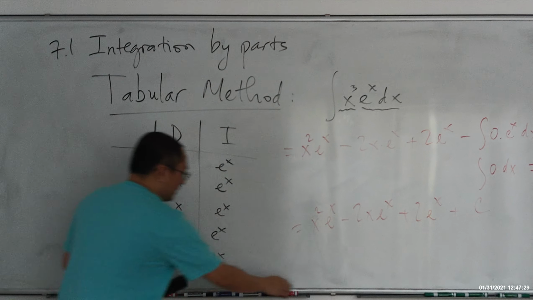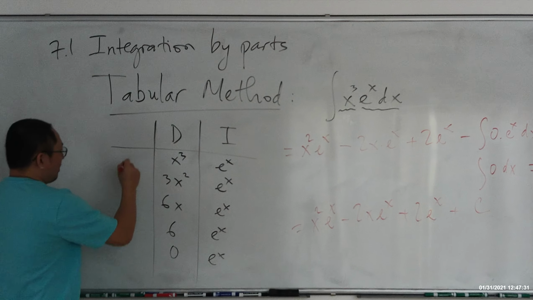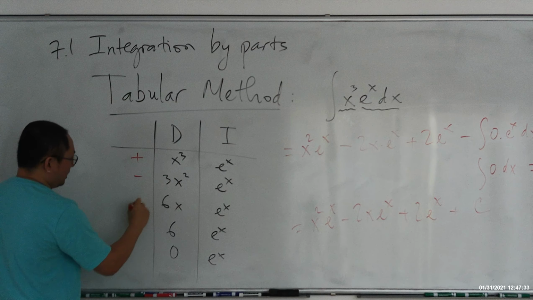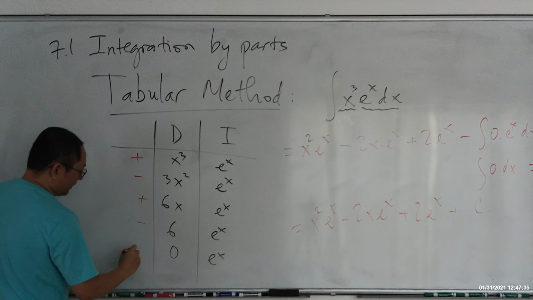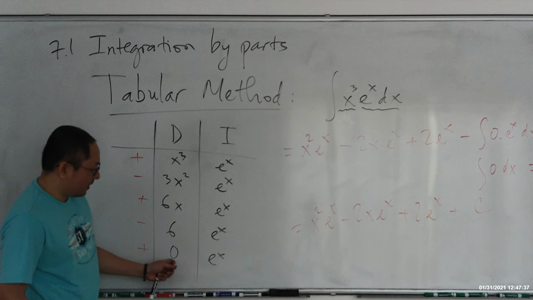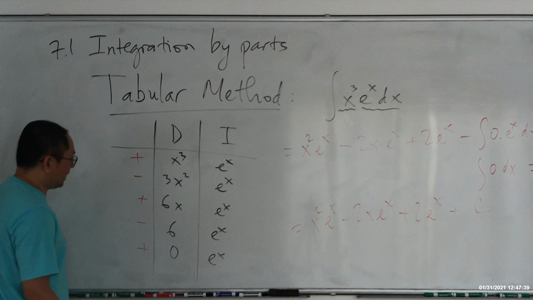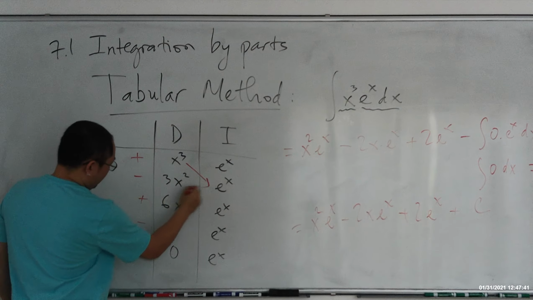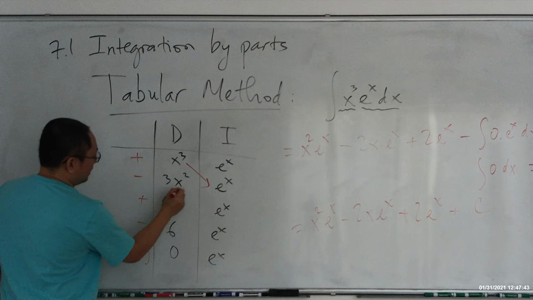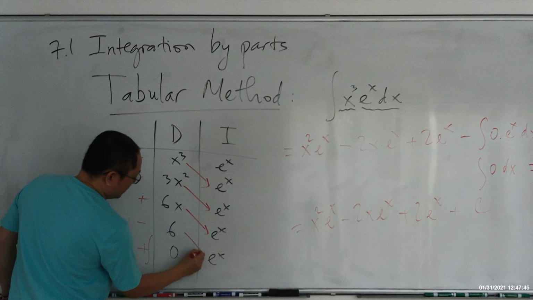And the rule is what? We start with the plus sign, and then minus, and then plus, and then minus, and then plus. I stop right here because I got a 0, right?